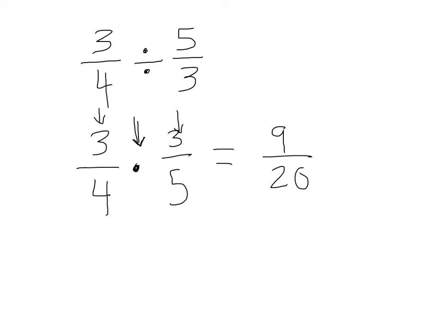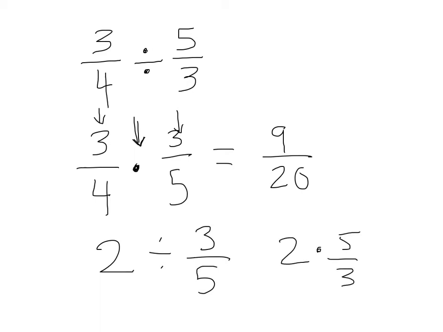The moral of the story is that if you divide a fraction by a fraction, it's the same thing as multiplying by the fraction's reciprocal. So anything that you divide by a fraction, like 2 divided by 3/5, is the same as multiplying by 5/3.